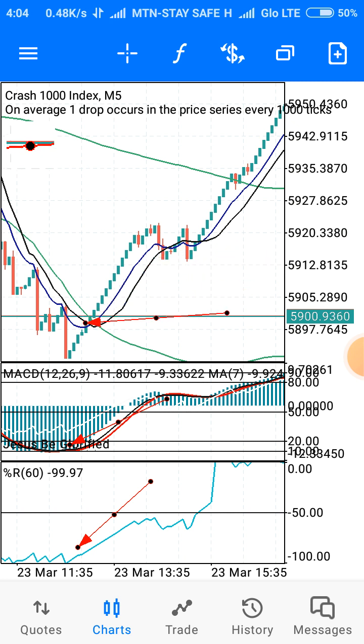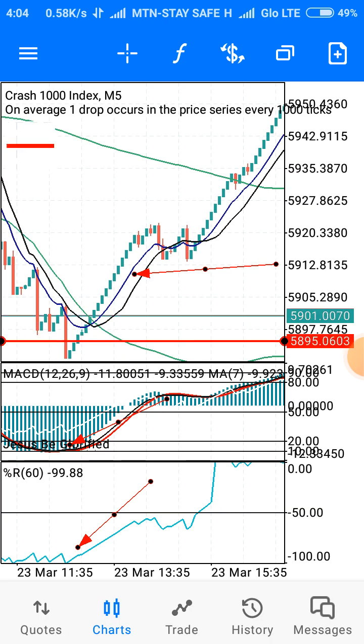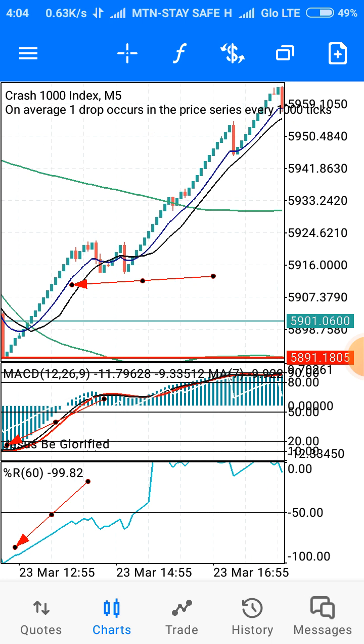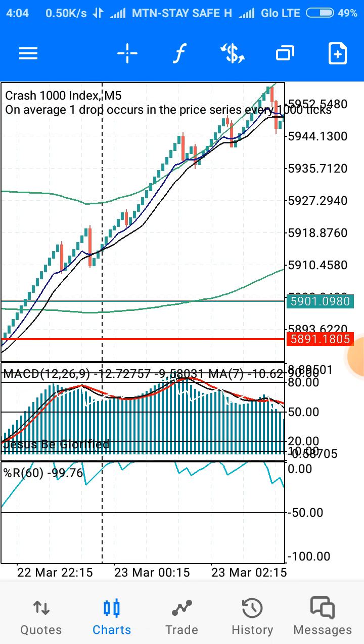And as soon as this cross is confirmed, you launch in your entry, and then you put your stop loss at the last low, which is here. Your stop loss will be here, and then you measure your profit, and you see that it does wonders. After that point, it moved back far.